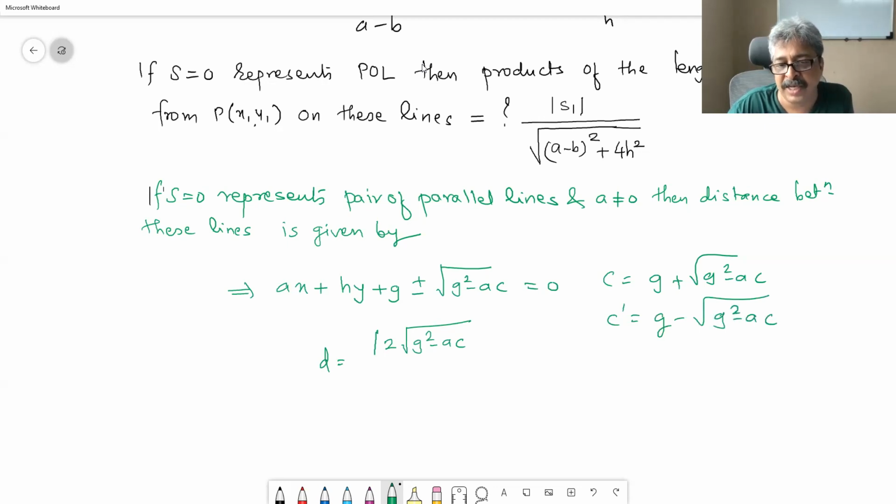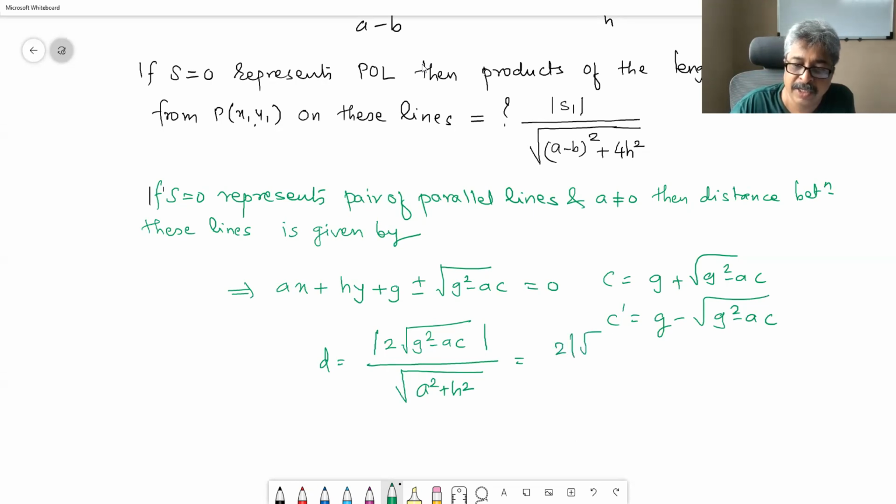So c minus c dash is 2 times radical g square minus ac, absolute value, upon radical a square plus h square. And you can replace h square by ab.